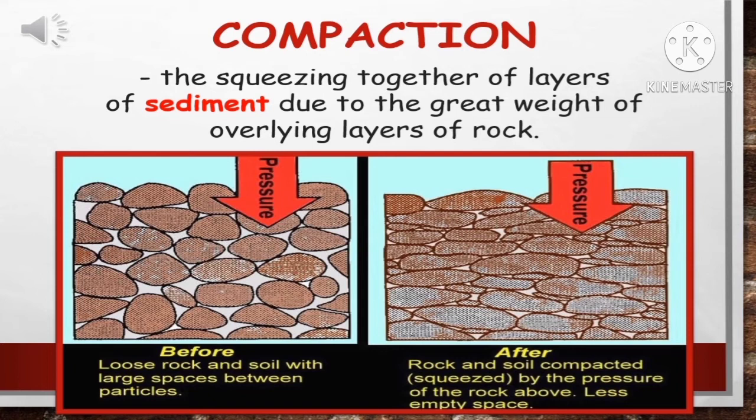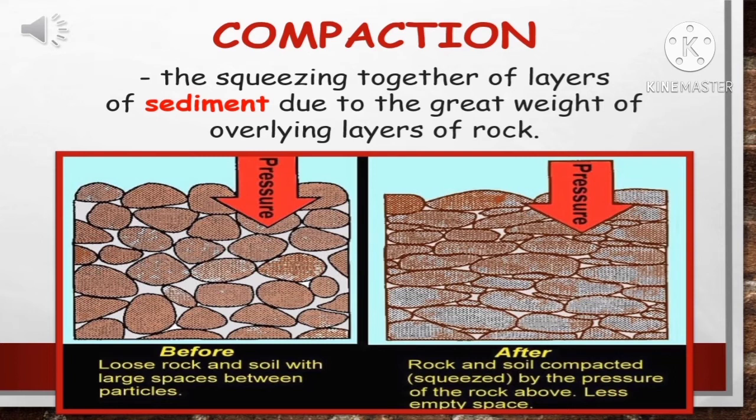Kapag dumating na tayo sa process ng compaction, so what will happen? The rock and soil are compacted or squeezed by the pressure of the rock above. Less empty space. Usually dito matatanggal yung air, matatanggal yung mga spaces between, matatanggal siguro some of the amount of water, mapipress daw siya. Kumbaga parang pinipipi, no?